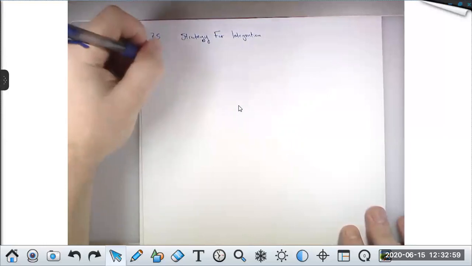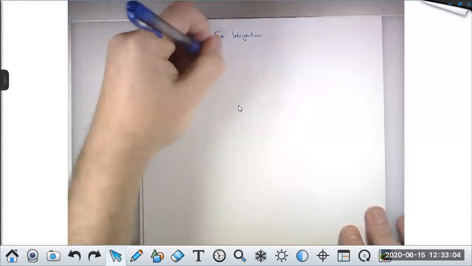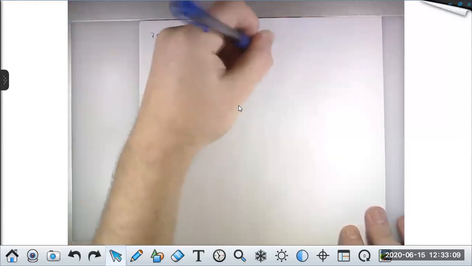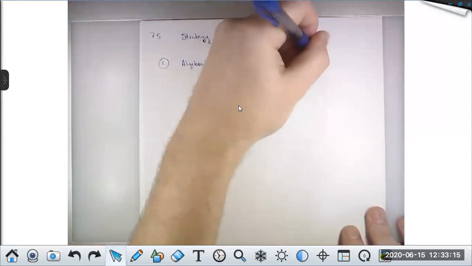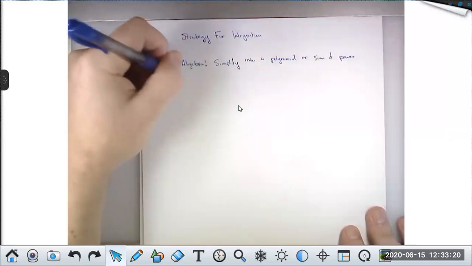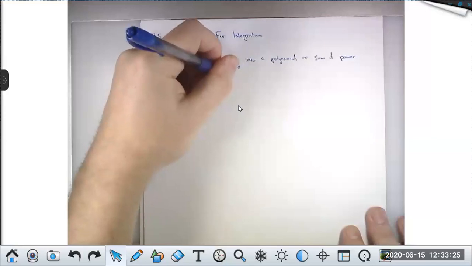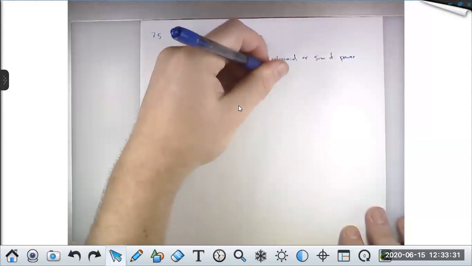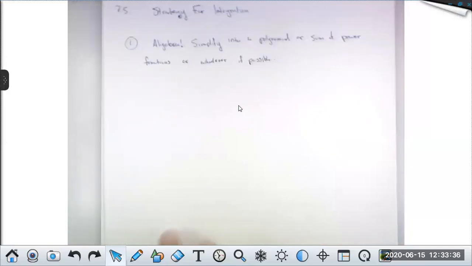(7.5) Strategy for integration. 1. Simplify your integrand into a polynomial or a sum of power functions or whatever.